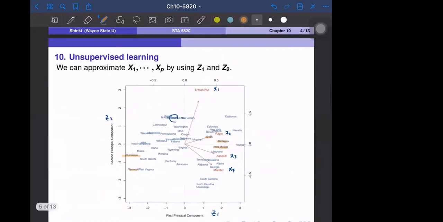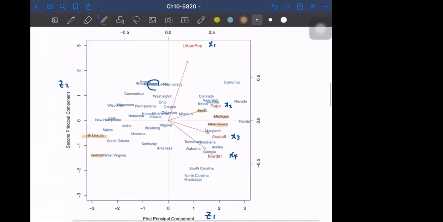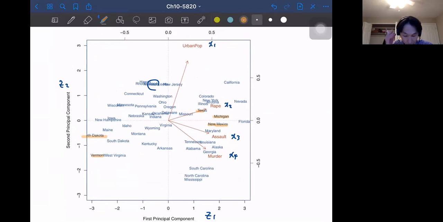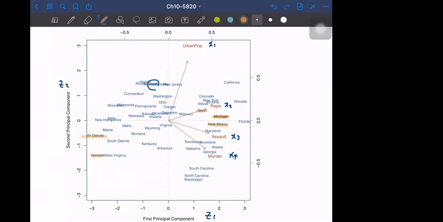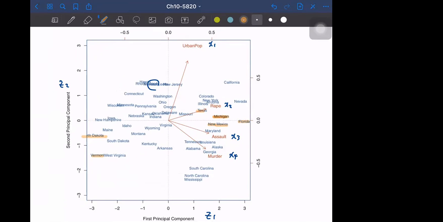Quick question. How would you say Michigan is in relation to Florida? It's more to the right, but would it be similar to it? Sorry, similar to? Like Florida, which is around 3.0. So would it be in that realm with New Mexico?